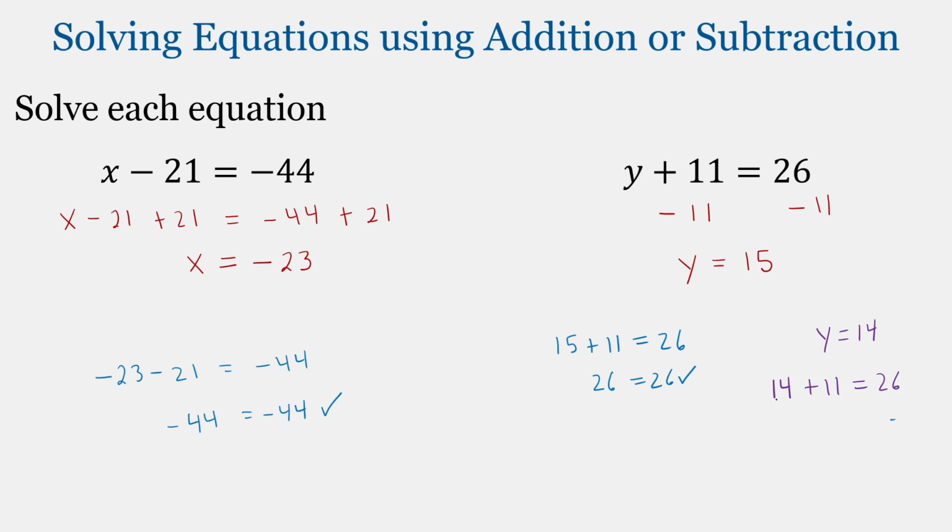We do this math step, 14 plus 11. Well, that's 25. 25 equal to 26. Well, that's not true. That's a false statement. Somewhere things are not matching up. And in this case, it is because y equal to 14 is not the correct solution.